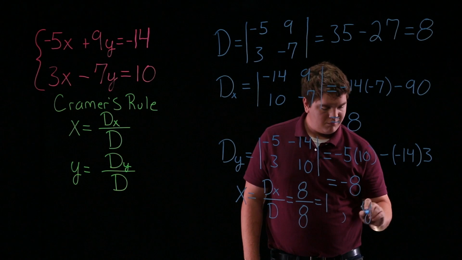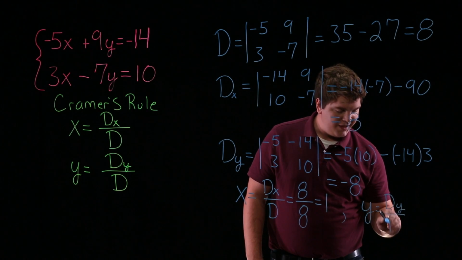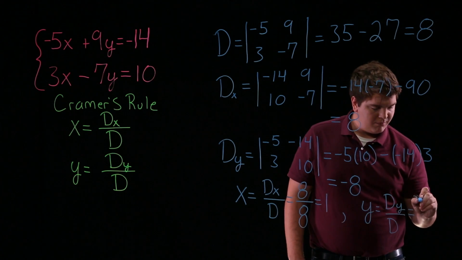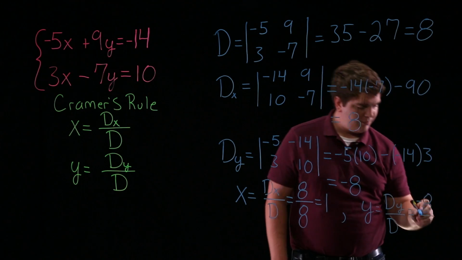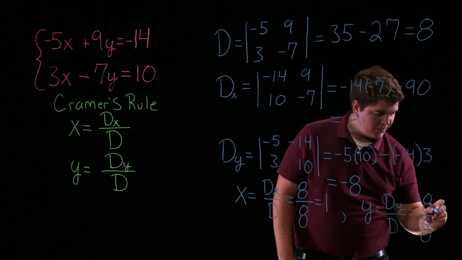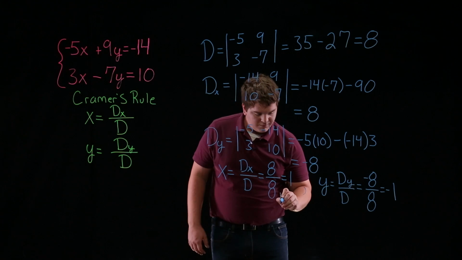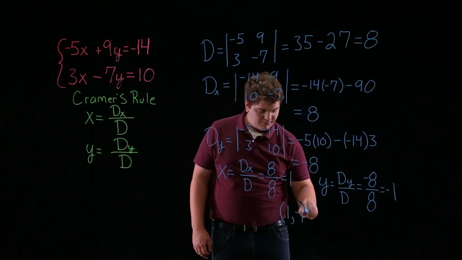And y is equal to d sub y divided by d, which is -8 divided by 8, which is equal to -1. So our solution is the ordered pair 1, -1.